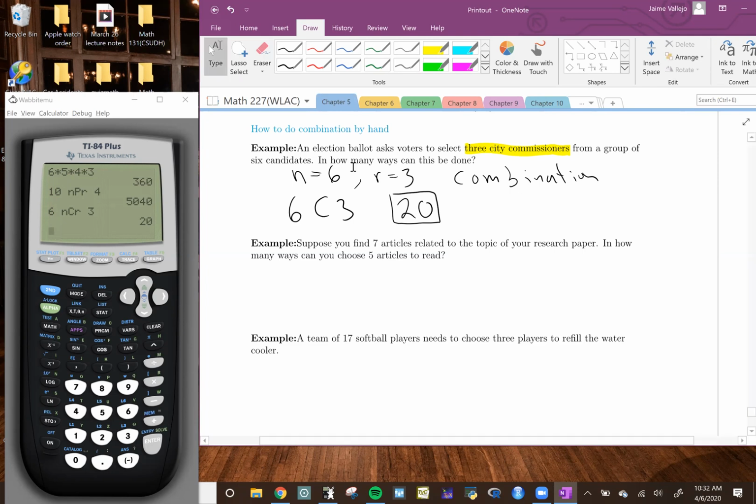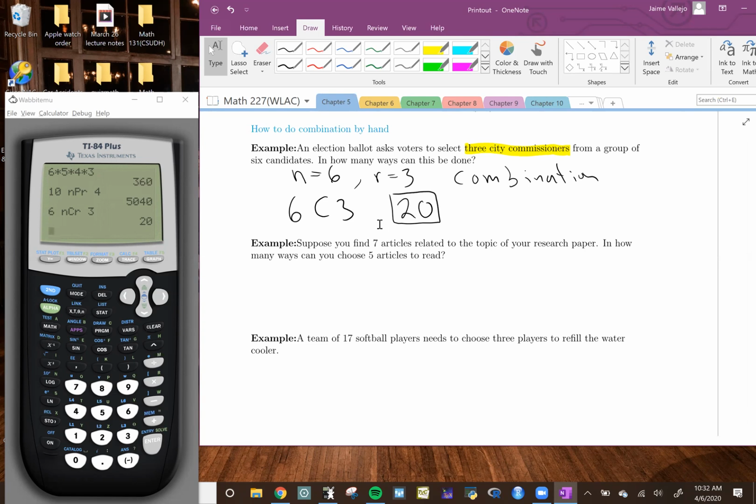So for this problem that we did right here, say if we were to do a permutation, do you think the permutation would have given us more outcomes or fewer outcomes? Would you get more? Well, why would you think it would give us more?